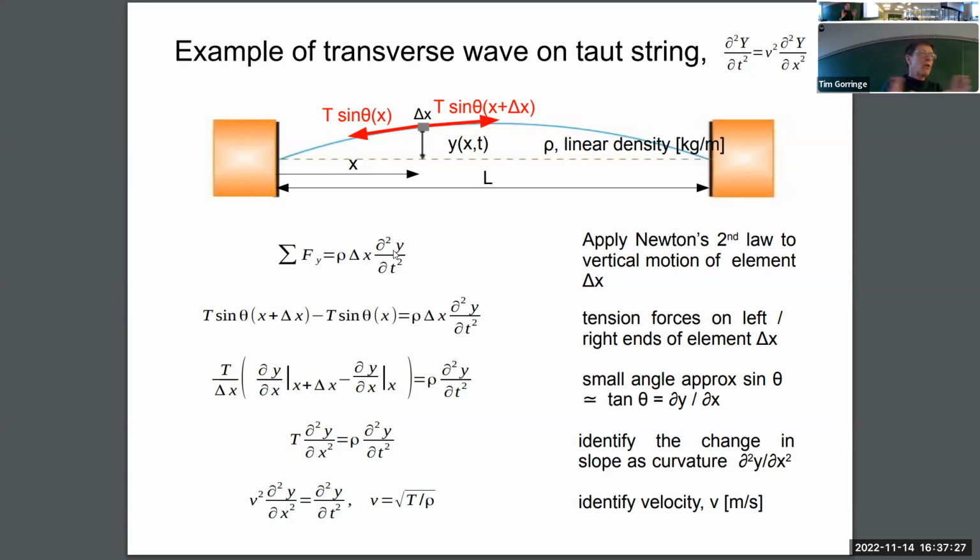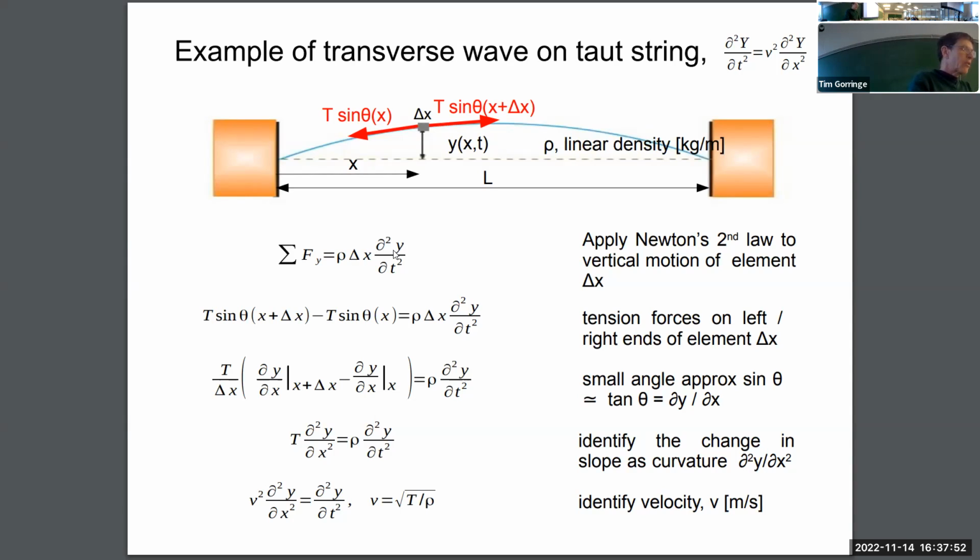So now all I've done is plug in the forces, or the components of the forces that are acting in the vertical direction, that will cause an acceleration in the vertical direction. So this element is experiencing two tension forces on the left-hand and right-hand sides. They're directed along the length of the string.